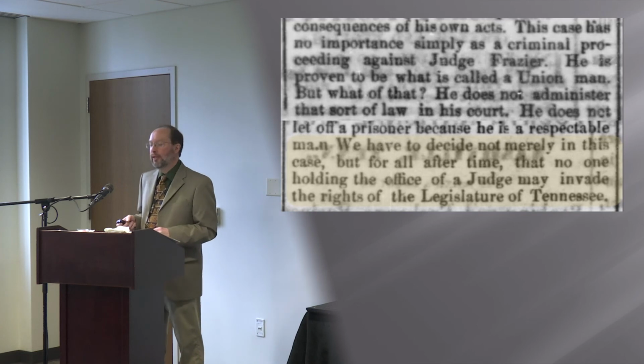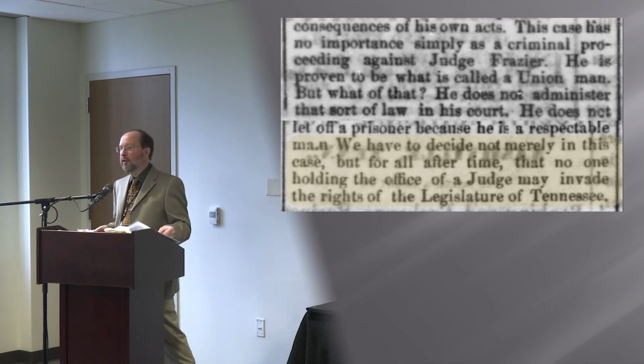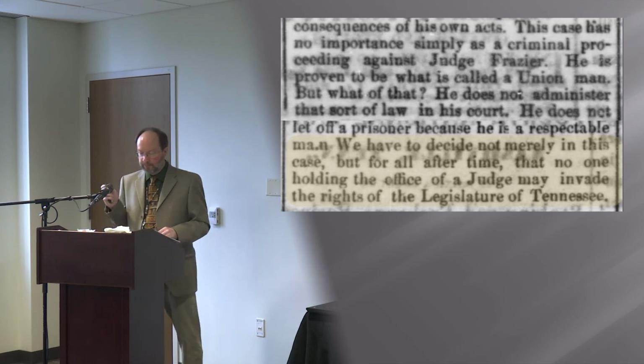The Nashville Union and Dispatch, June 2nd, 1867, reported that Prosecutor Ewing said, "We have to decide, not merely in this case, but for all after time, that no one holding the office of a judge may invade the rights of the legislature of Tennessee."